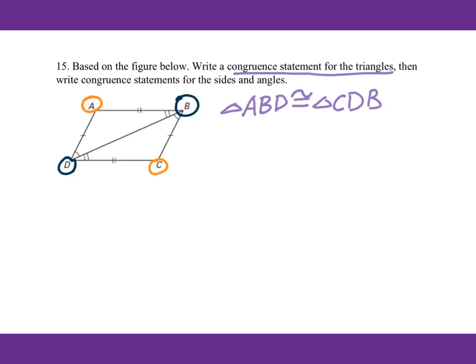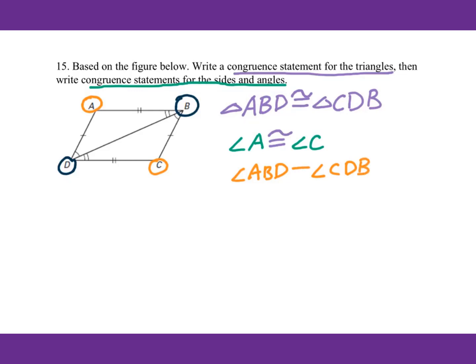You can write down congruence statements for the sides and angles, like angle A and angle C. Put the congruence symbol like this. Then you have angle ABD and angle CDB, congruent to each other.